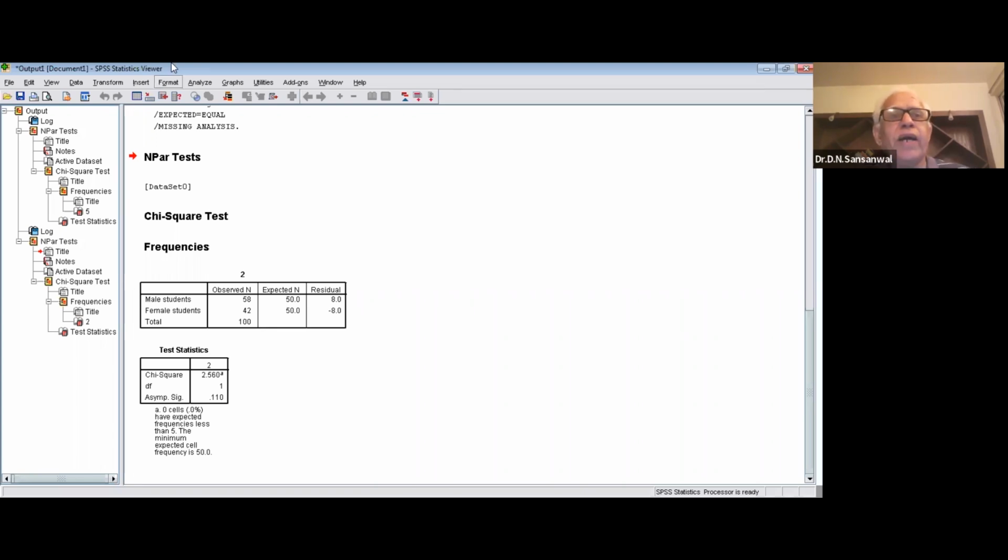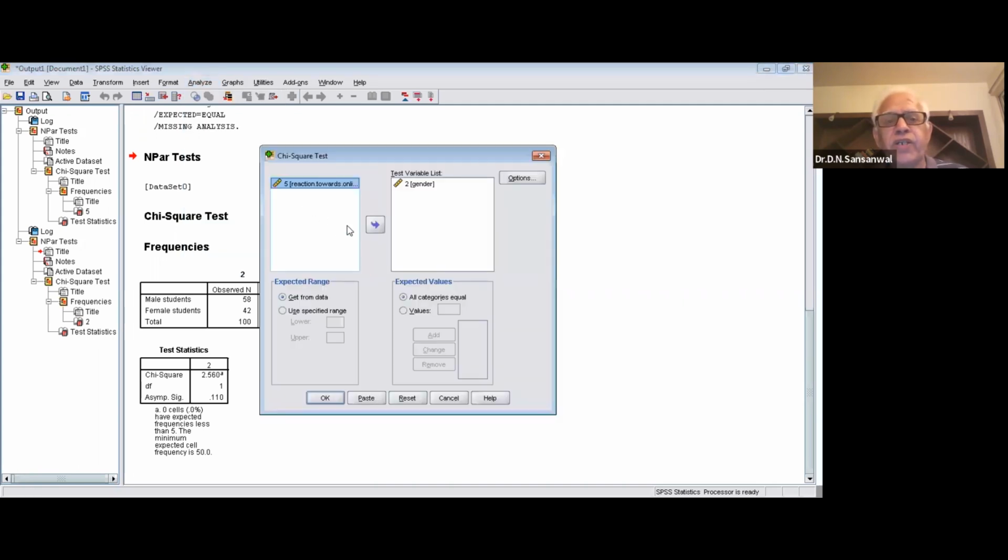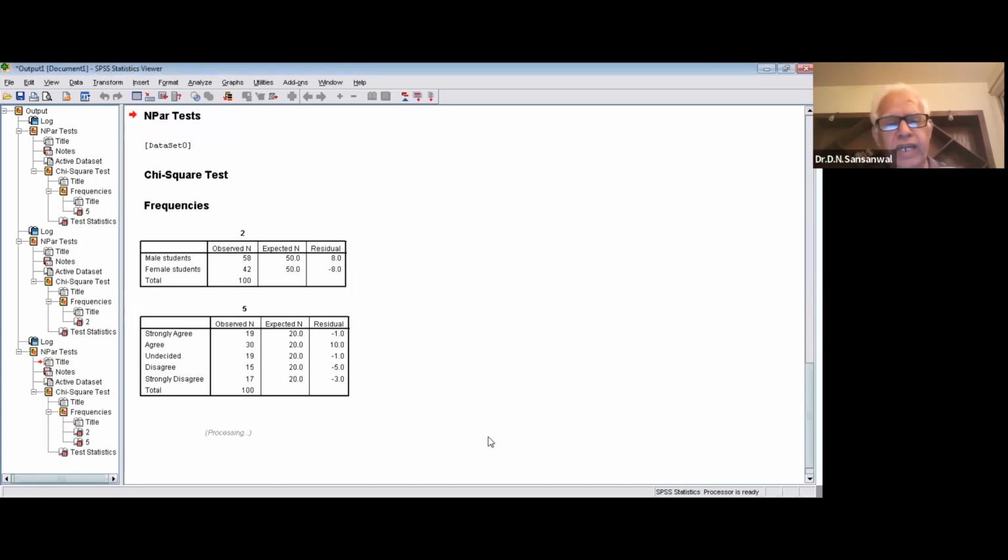If you are interested, you may even shift all the variables and do the analysis in one set. If there are 4 more variables, you can shift them and again do the analysis, you get everything.